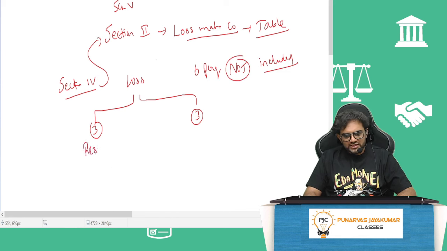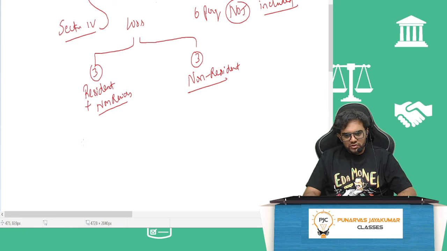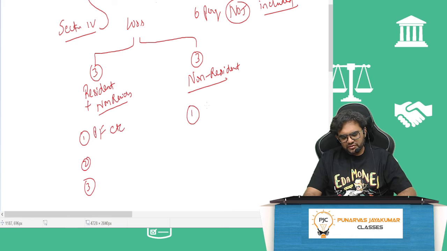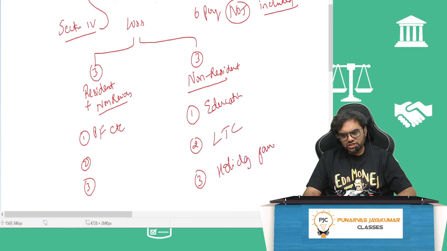Three for resident, 3 for non-resident. This is resident plus non-resident. So which 3? This is your PF, etc. Here you have education allowance for children, leave travel concession, holiday passage.